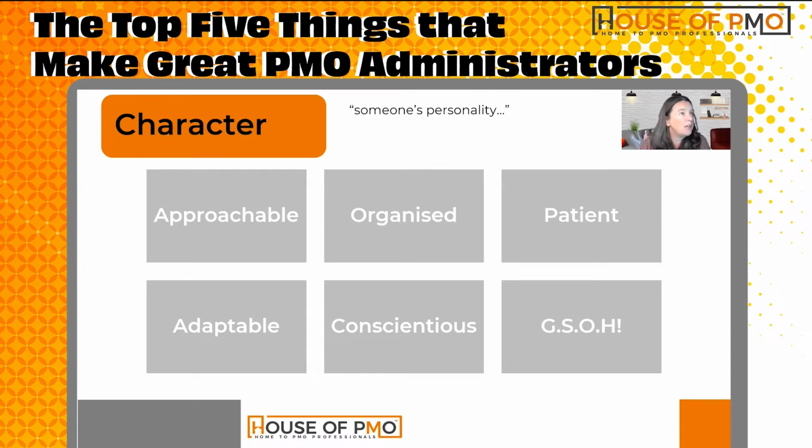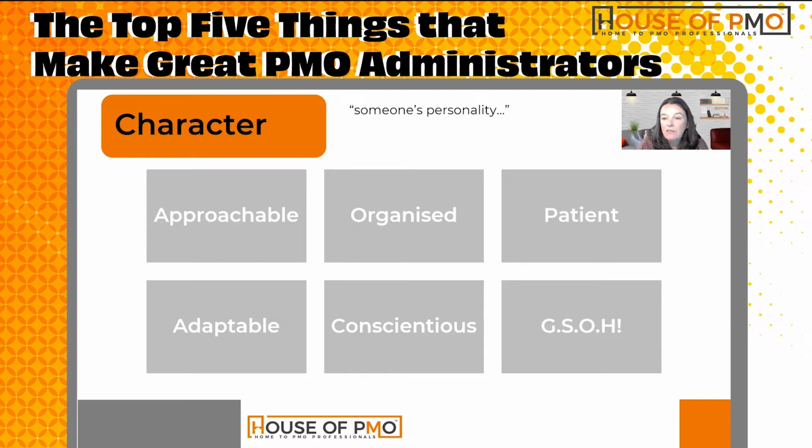And I've just popped down some of the ones that came into my head about what makes a good PMO administrator. I think it's definitely that you have to be a person that is approachable, because like I said, you're at the central point. You're that project manager's right hand man or woman.